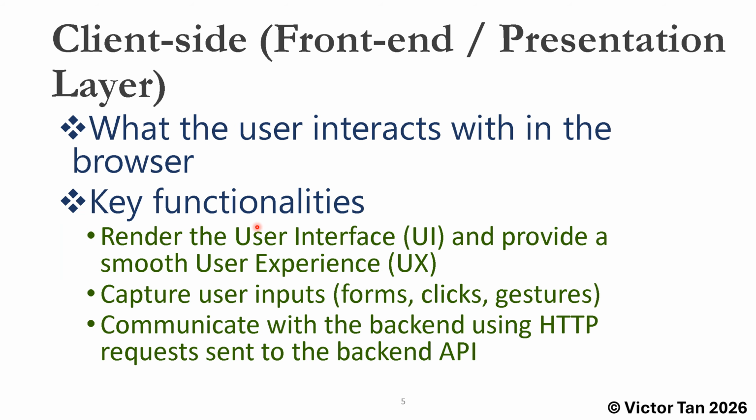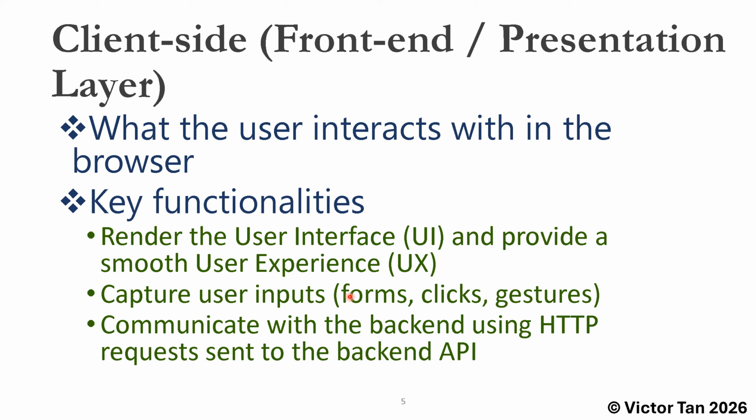So let's talk about the client side, or we also call it the front end or presentation layer. This is essentially what the user interacts with in the browser. The client side or the front end app renders the UI, okay, what you see, and it also provides a smooth user experience, UX, so the user can interact smoothly with the app.